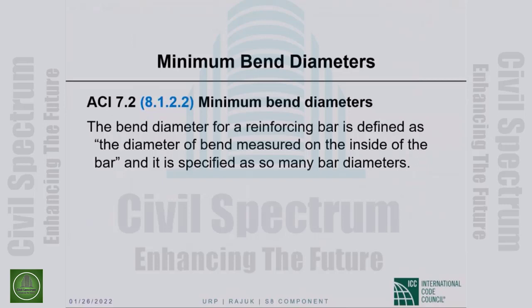So all those hooks require bends, 90 degree, 135 degree, 180 degree. Bend diameter. The bend diameter for a reinforcing bar is defined as the diameter of bend measured on the inside of the bar, and it is specified as so many bar diameters.